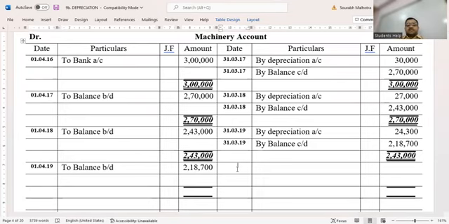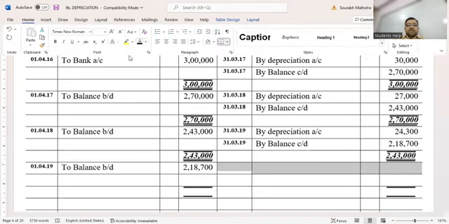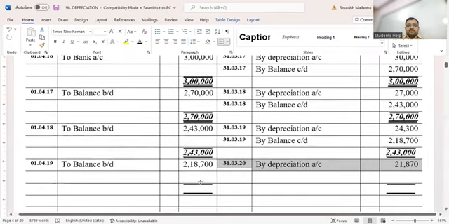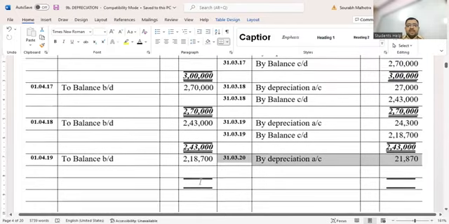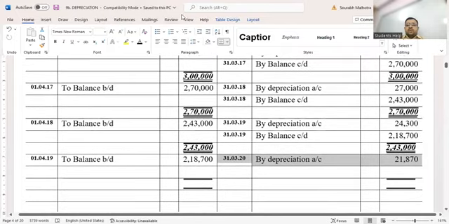Something else, and that something else could be anything. But here that something else is 2,18,700. What posting will we do, brother? By depreciation. 10% of 2,18,700 is what? 21,870. Did everyone understand? Very quickly, children, very quickly calculate carried down, show the total followed by brought down.